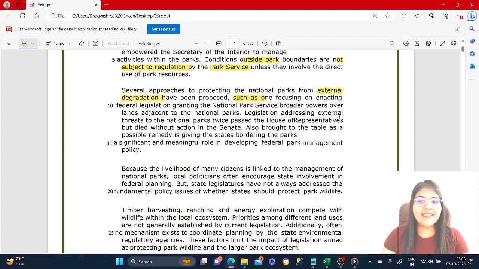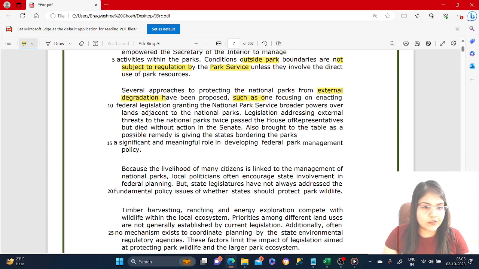Legislation addressing external threats to the national park twice passed the House of Representatives but died, and so on. Kind of dragging on, whatever the example is quoted here, that legislation is being passed, it is being discussed in the Senate that something has to be done to protect the park and all that. Also brought to the table as a possible remedy.